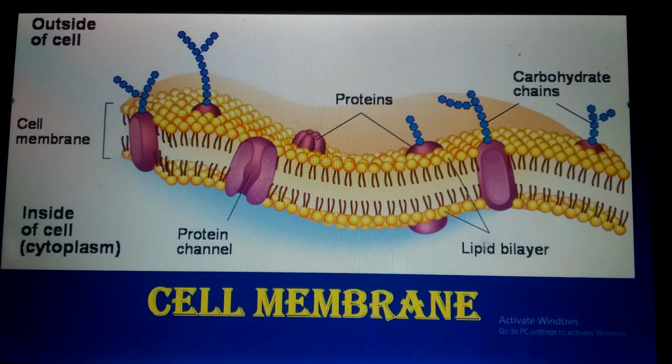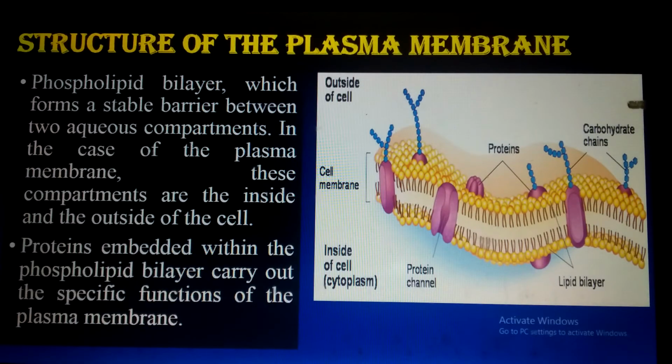Now I'm going to start with the structure of the plasma membrane. First of all, as you can see here in the diagram, the phospholipid bilayer forms a stable barrier between two aqueous compartments. What does it mean? This is the inside of the cell, and this is the outside of the cell. The lipid bilayer means it consists of two layers.